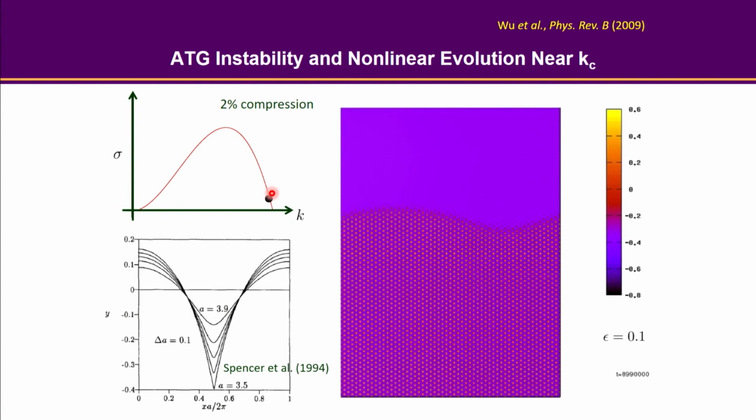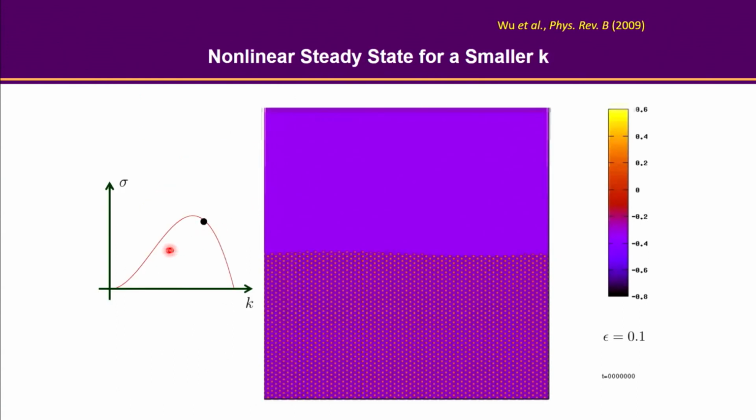Clearly, if we change the system size, the way we set up the system is that we can control Lx, so 2 pi over that will be this wave number. So next we can expand the system size a little bit, to somewhere here.